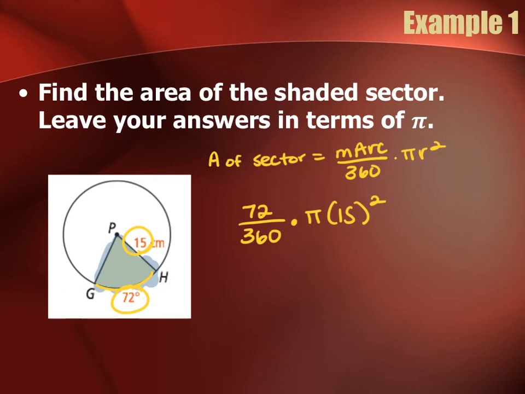Now you've got to be careful to make sure that you square the 15 before you do anything to reduce 15. So 15 squared is 225. This becomes 72 over 360 times pi times 225. And again, you have 2 choices.